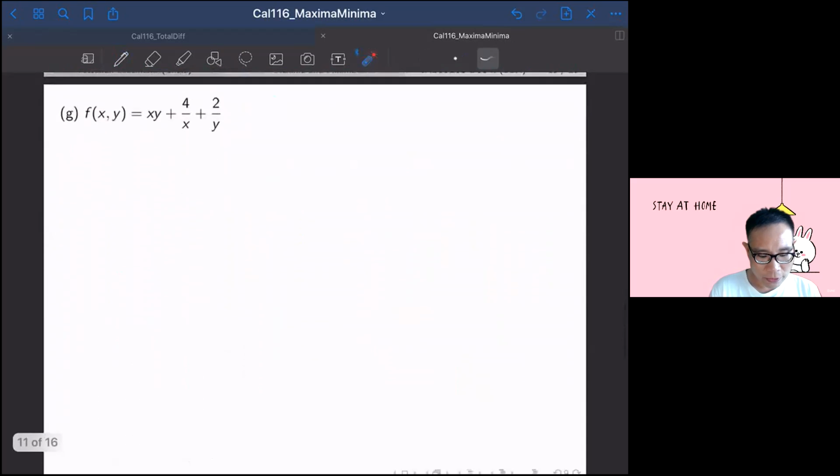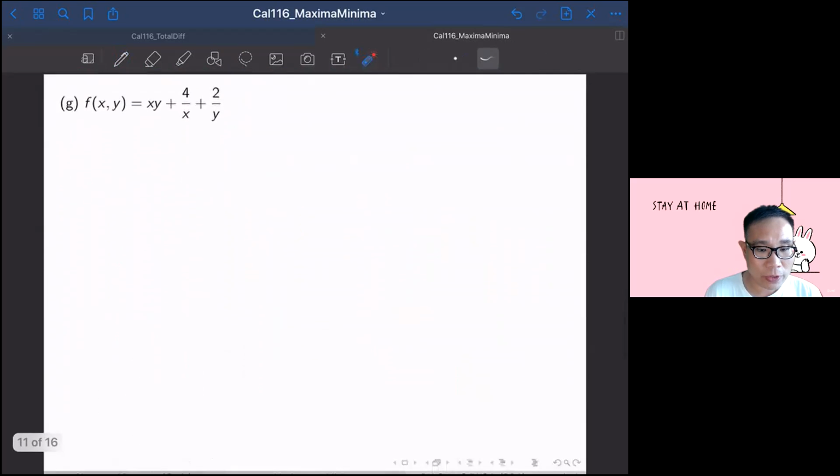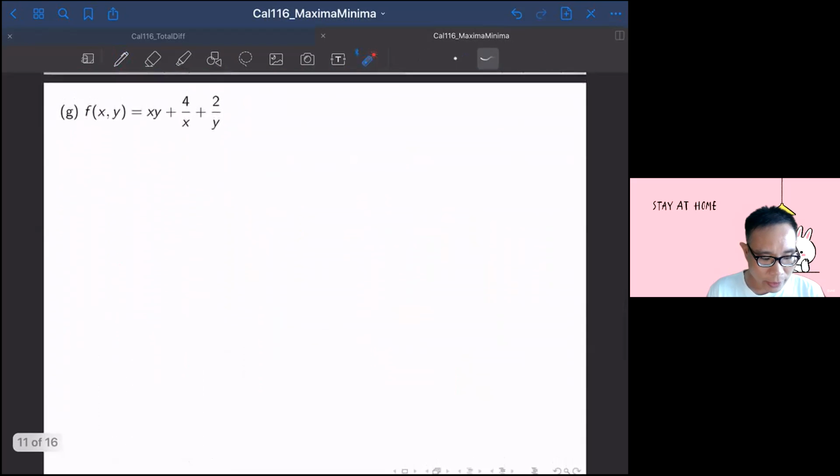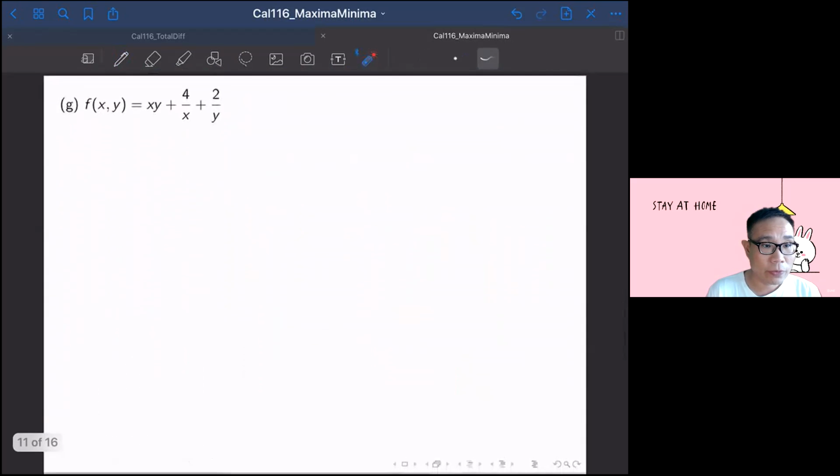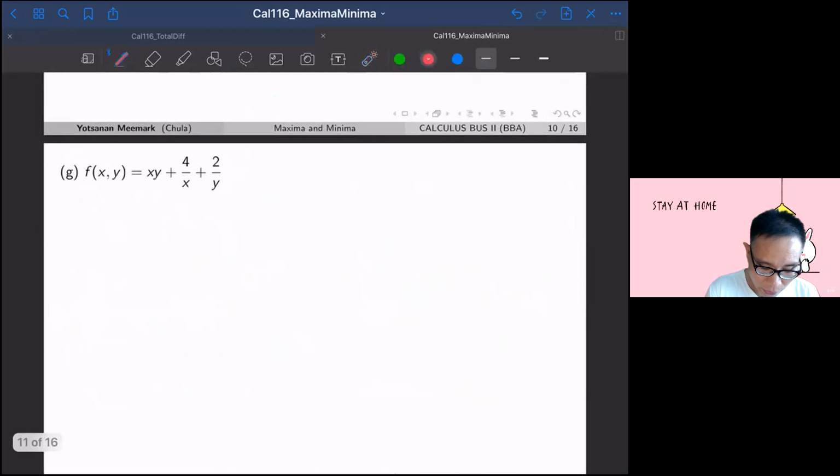Okay, for the last one, before we go to the word problem, you have f(x, y) equal to xy plus 4 over x plus 2 over y. Okay, so in this case, you're going to compute fx. So let's do the first step up here. So you have fx, the derivative with respect to x, turned out to be y minus 4 over x squared.